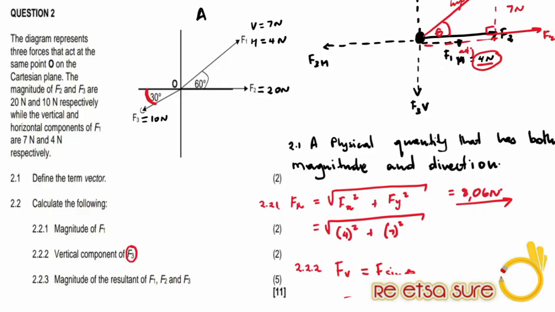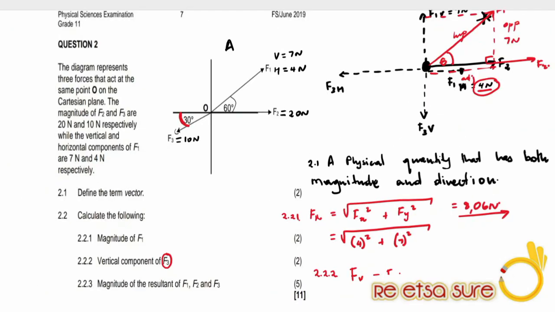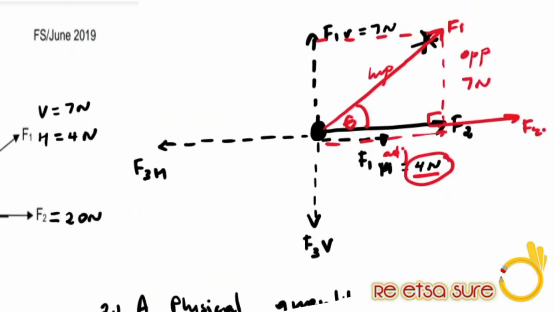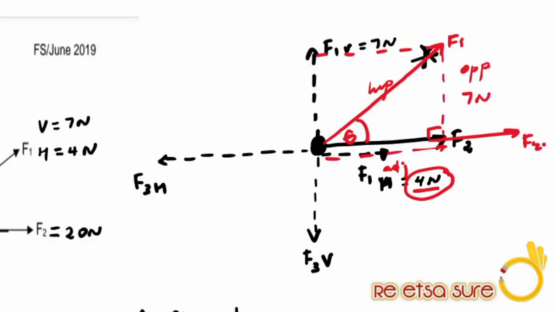But my beautiful learners, it is quite clear that according to our free body diagram, I have 3 forces acting horizontally: this one, this one, and this one.